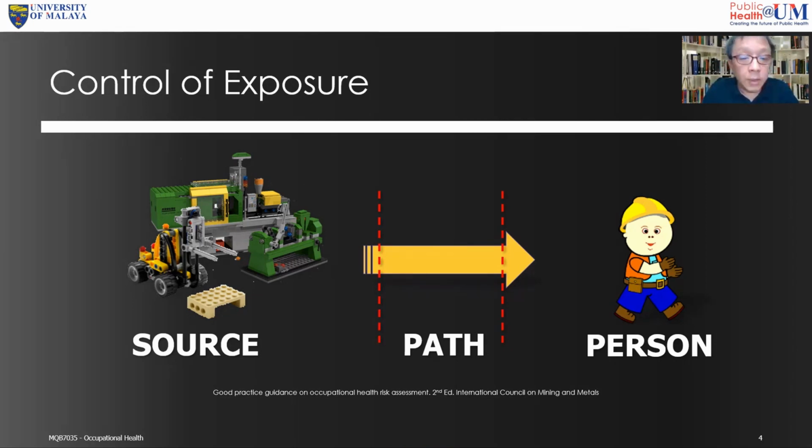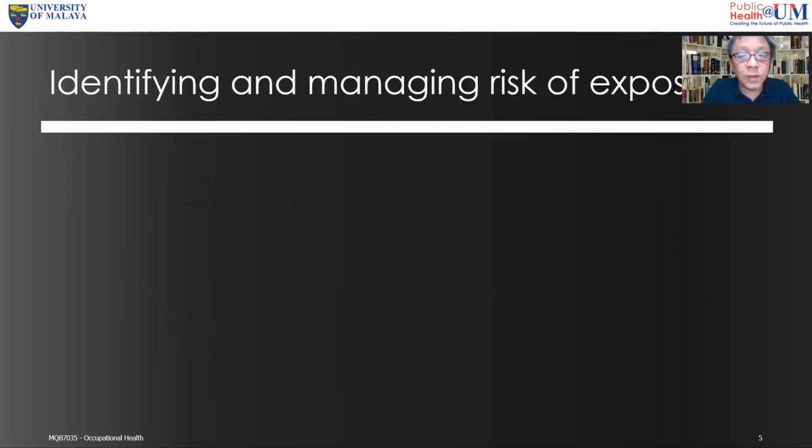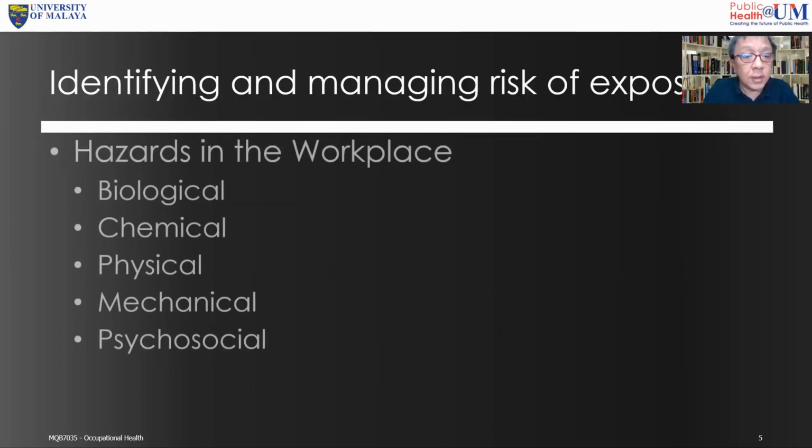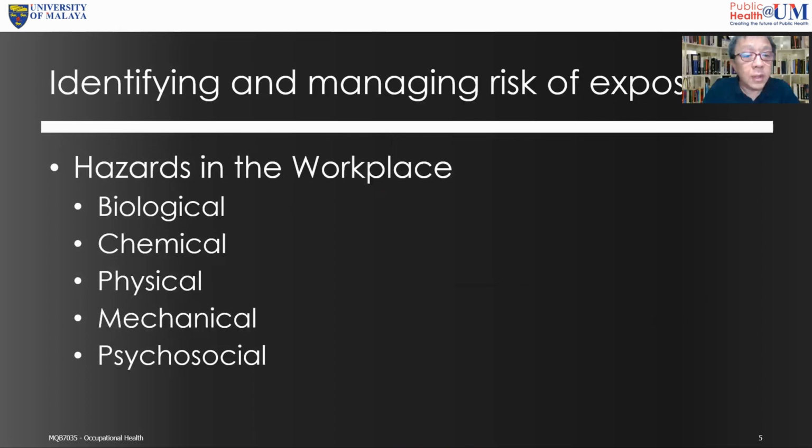When we talk about control of hazard at the source, we look at what the hazard in the workplace can be: biological, chemical, physical, mechanical, or psychosocial. Mechanical involves ergonomics, and psychosocial can also be considered as ergonomic. For biological, there are different kinds of hazard like viruses, bacteria, and fungus.